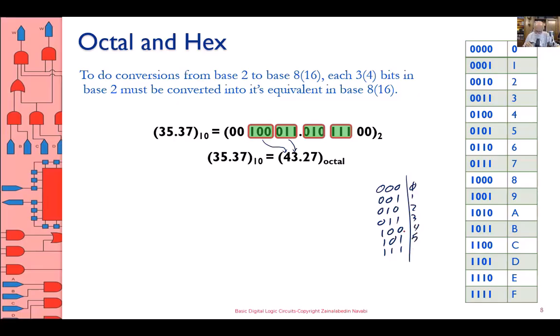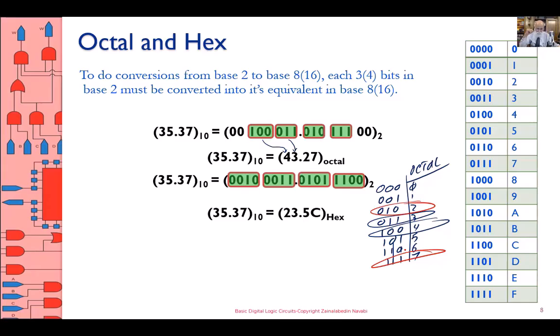These are the octal digits. Take every 3 and convert them to their corresponding octal digits: 100 is 4, 011 is 3, 010 is 2, and 111 is 7, and that's all there is to it.